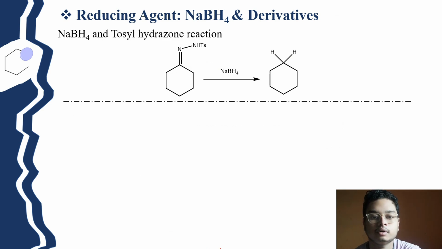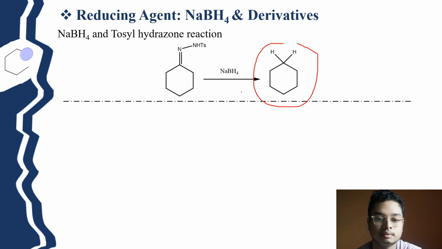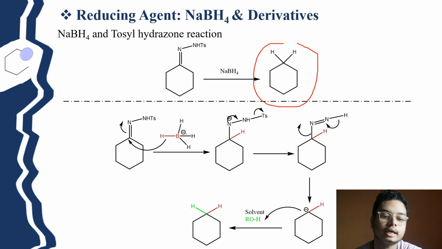Now let us talk about the NaBH4 and tosyl hydrazone reaction. A tosyl hydrazone in presence of NaBH4 generates this type of cyclohexane moiety. Let us understand the mechanism. The hydride attacks this particular center to generate this intermediate, and now this intermediate rearranges to remove the Ts or tosyl part, because tosyl is a good leaving group.